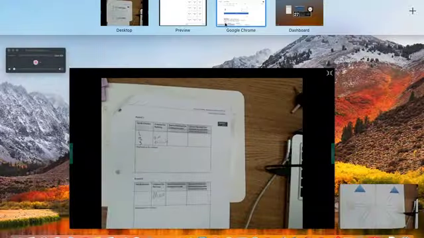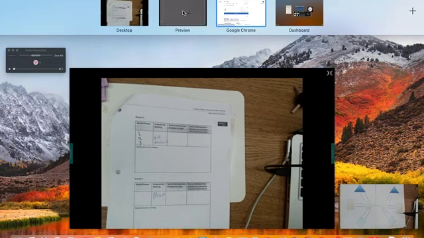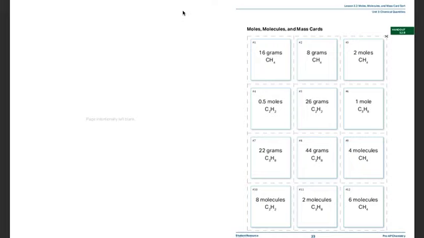So looking at my cards, number 1 is 16 grams of CH4. If I look at my cards, number 7 is 22 grams of C3H8.